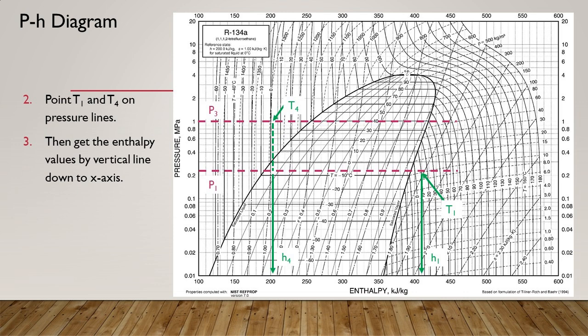On the right-hand side of the evaporator pressure line, point out the refrigerant temperature T1. Draw a vertical line down to the x-axis and you get the enthalpy H1. On the left-hand side of the condenser pressure line, point out the refrigerant temperature T4. Draw a vertical line down and you get the enthalpy H4.